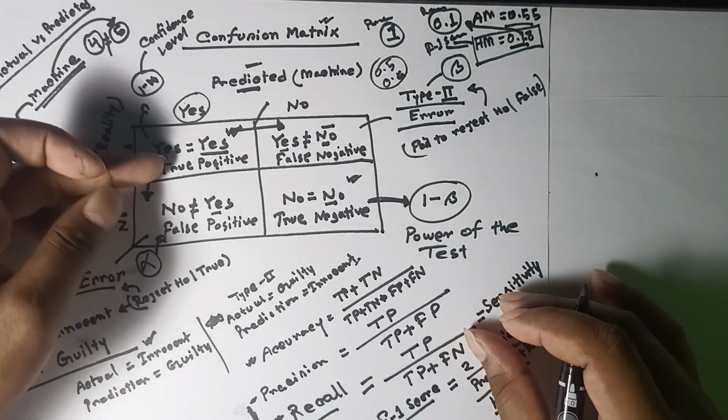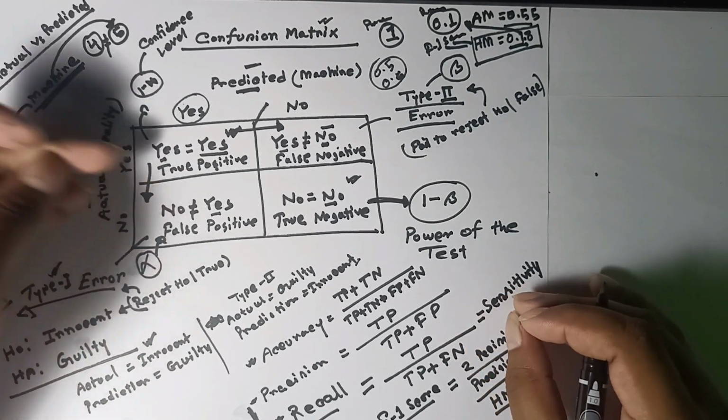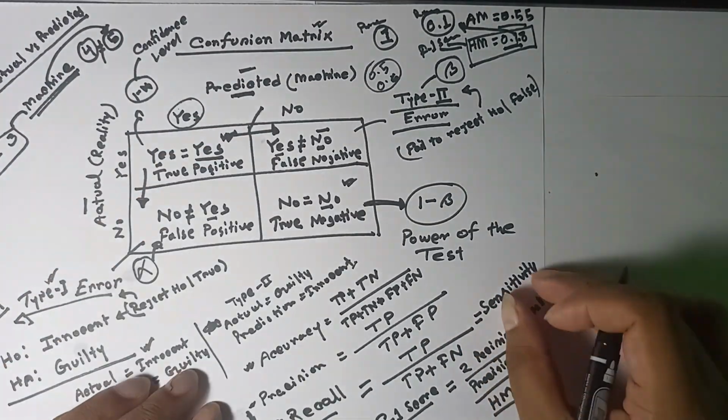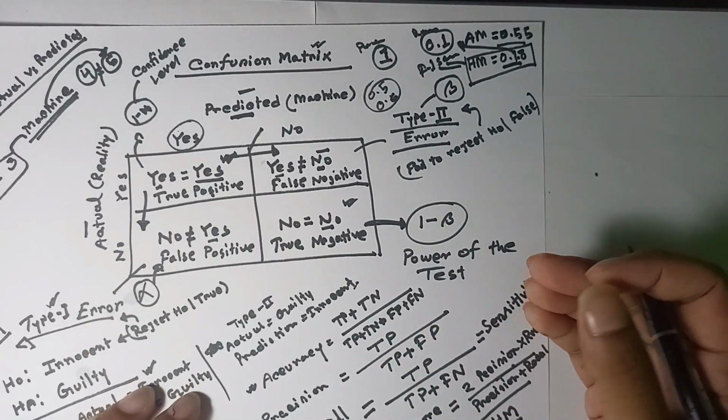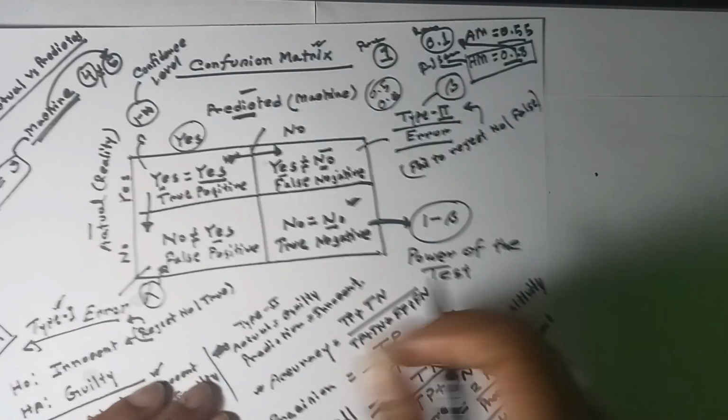So how much we correctly predict from the actual is our sensitivity, and another one is our specificity.